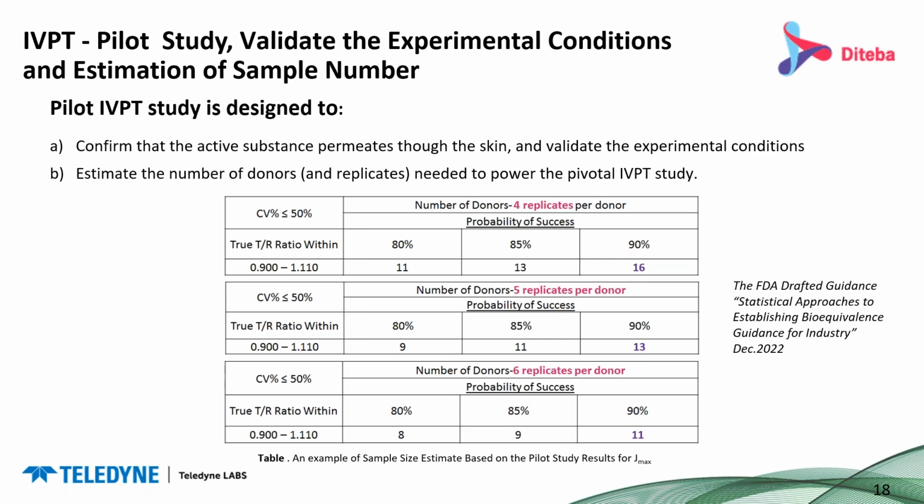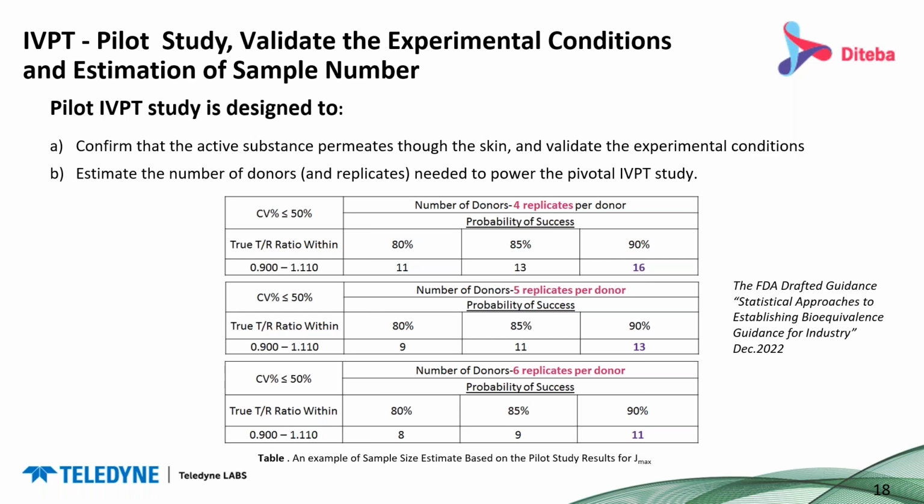Here is an example. This is an FDA approach, sample size estimation based on the pilot study result for Jmax to achieve 90% confidence interval. At least 16 skin donors and 4 replicates are needed.